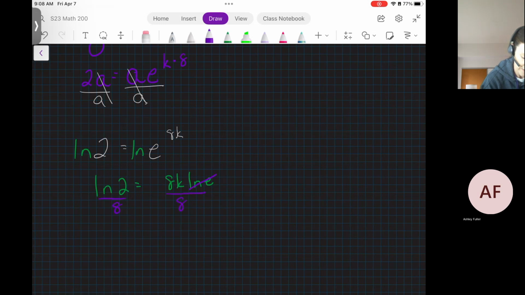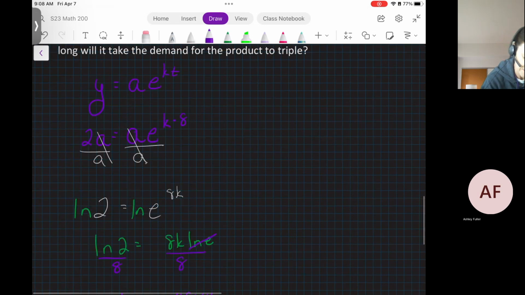And I divide both sides by 8 to get a k value of 0.08664. This then allows us to set up our equation, y equals a e to the 0.08664t.